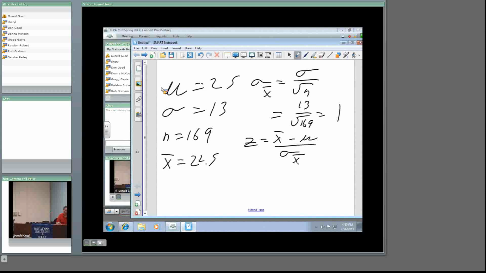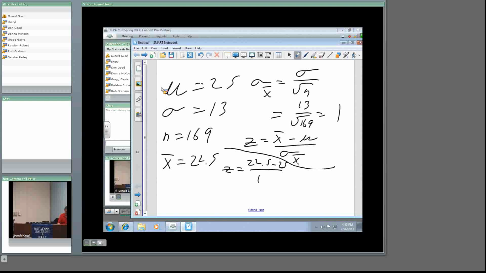I'm shooting from the hip with memory, and I don't trust my memory. I can't even remember to turn on the microphone, as you well know. So calculating the Z is going to be X bar, which is 22.5, minus 25, divided by 1.